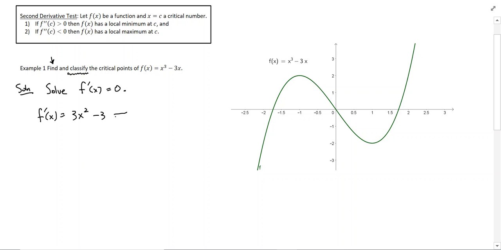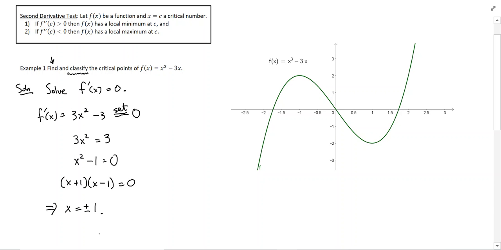I'm going to set that equal to 0 so that I get this condition and can solve it. When I do this, I get the x values plus or minus 1. Those are the critical numbers.